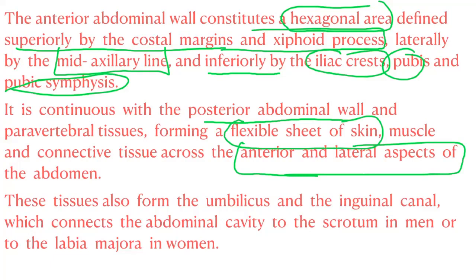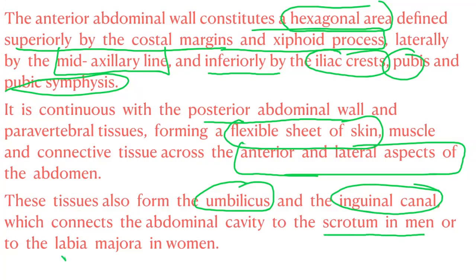These tissues also form the umbilicus and the inguinal canal, which connects the abdominal cavity to the scrotum in men and labia majora in women. So the inguinal canal is a passage from the abdomen to the pelvis.